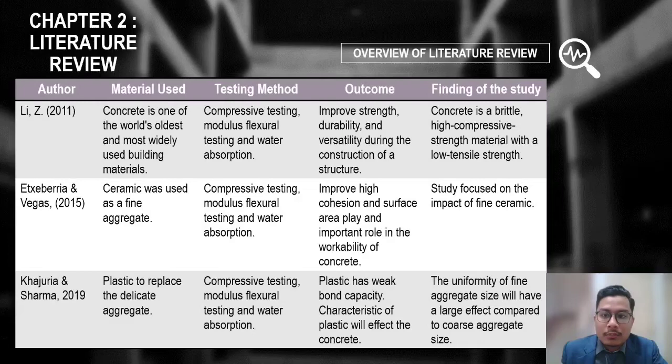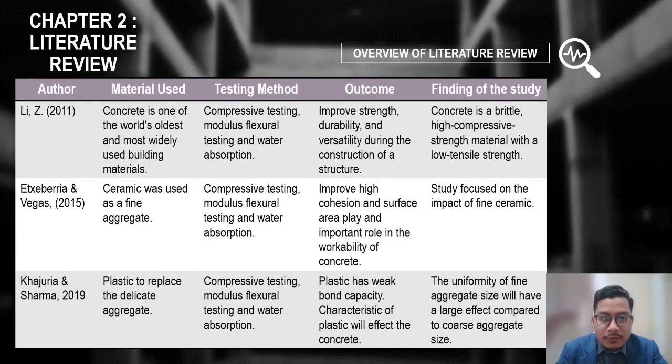The outcome of the research was that the product improved in terms of cohesion. Surface area plays an important role in the workability of concrete. To conclude, they focused on the impact of fine ceramic.